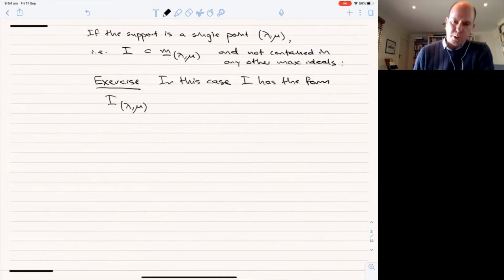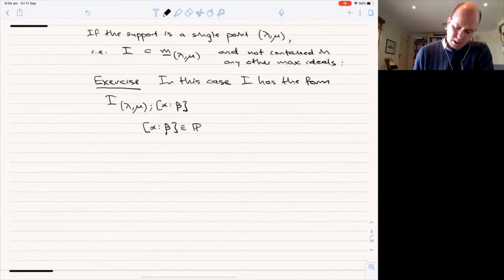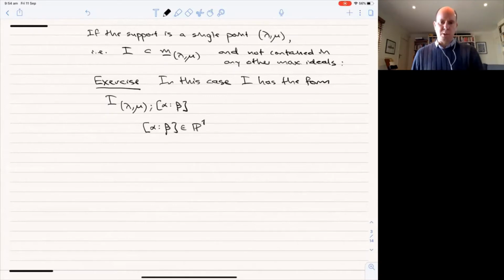Depending on the point you're at and an extra choice of a point in the projective line, so alpha and beta are the homogeneous coordinates for a point in P1. In other words, these are two numbers, not both zero, and you take them up to simultaneous scaling.